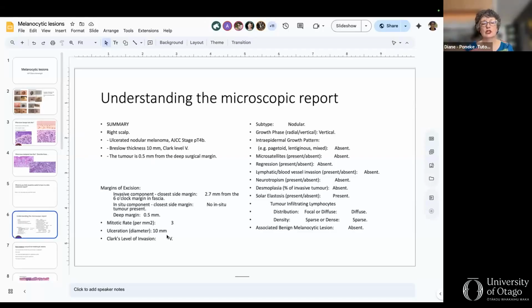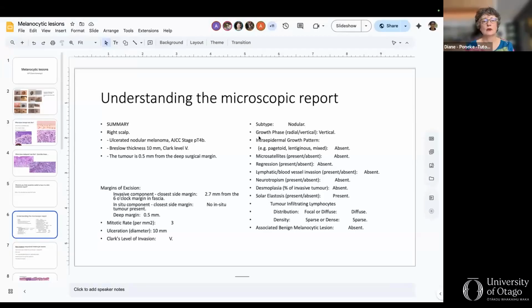The same with ulceration, the same with the level of invasion. We often talk about subtype, and there are some special subtypes that have a poorer prognosis.